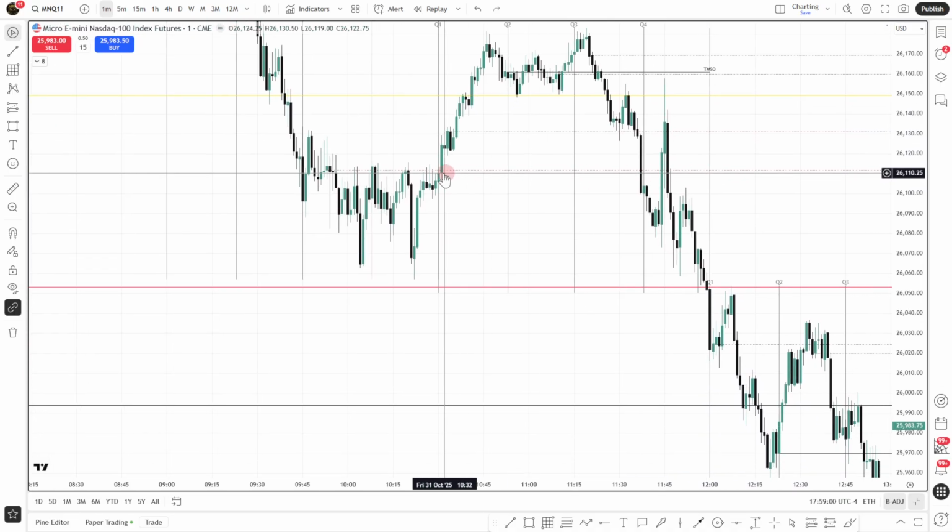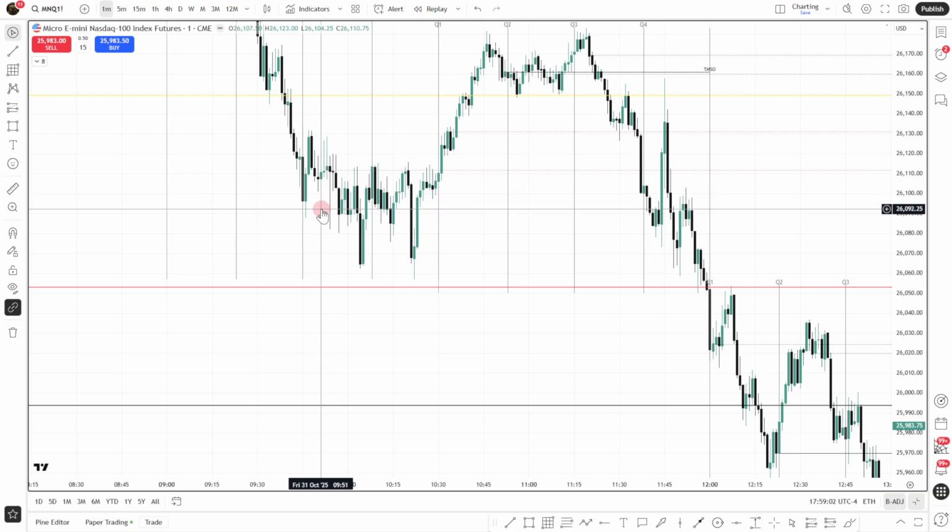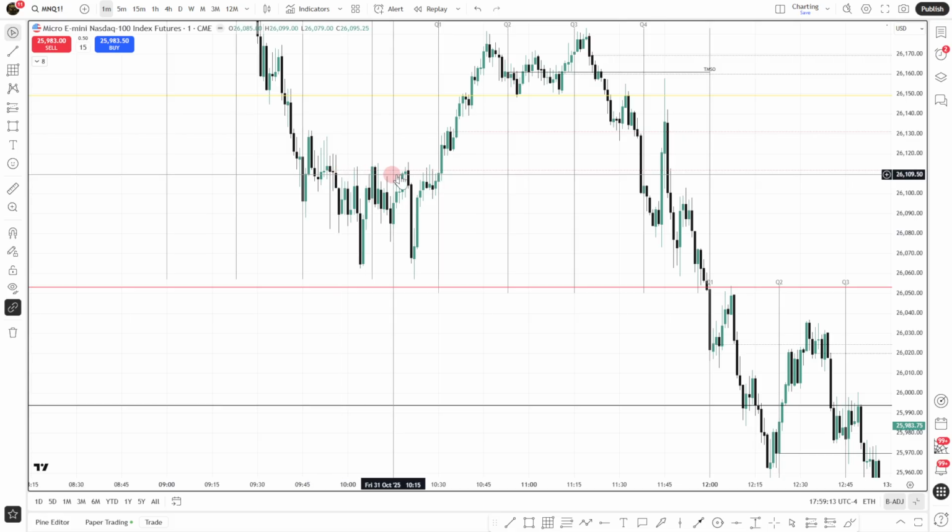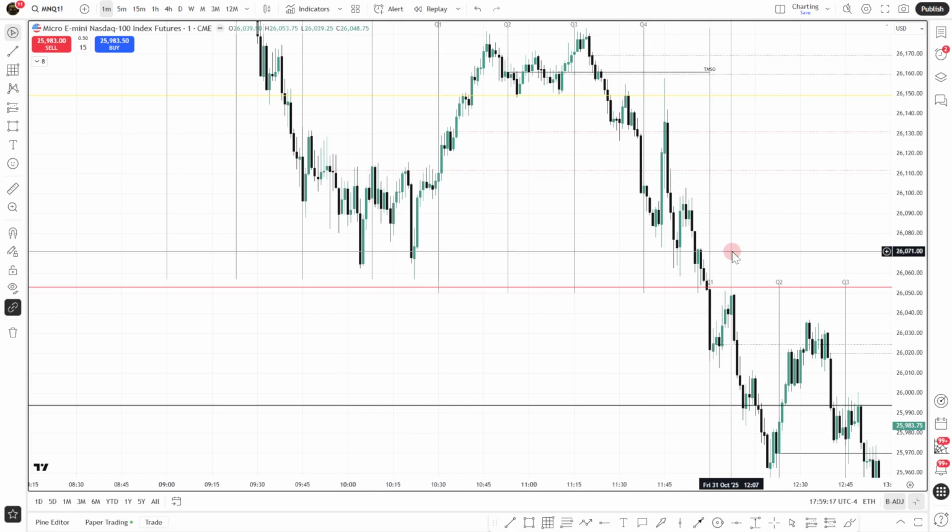Here's our 950. But a nice accumulation, manipulation, distribution.